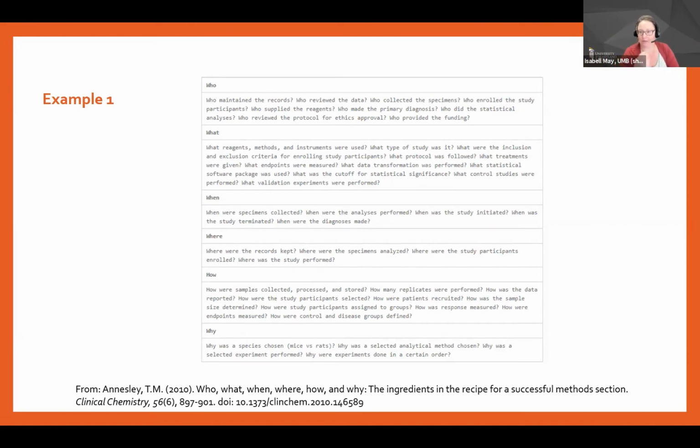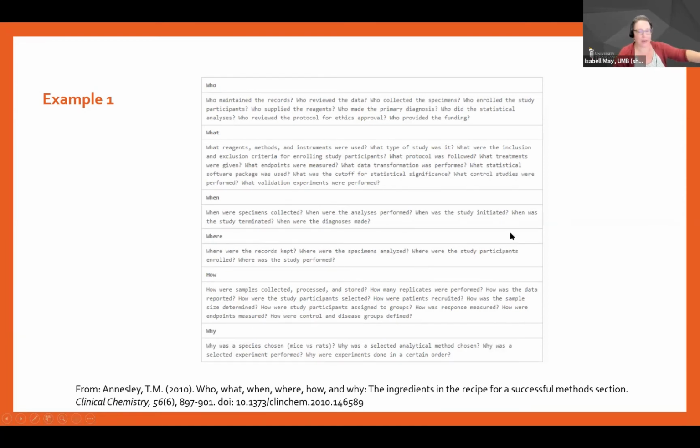Especially if it's something a little unusual, providing an explanation in your method section will really reduce some of the feedback from reviewers, because that's reviewer feedback I see a lot, where writers assume, of course this is the best way to do it, but the reviewers are like, not really, why is it? From a reader's perspective, it's nice to know that, right? It provides another level of transparency about why you're choosing something over something else. That's a part that often gets overlooked in the method section: why you chose something.